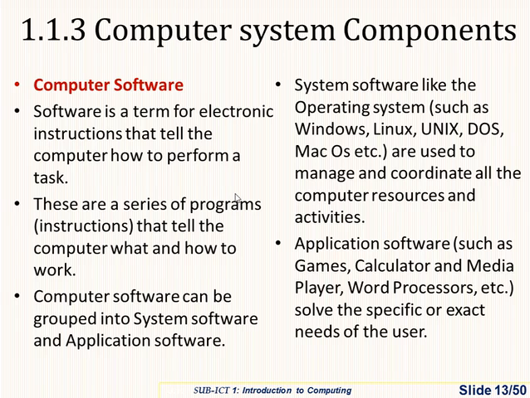So software should be able to tell the computer what to do and how to work. Computer software can be grouped into two, that is system software and application software. We shall look at that in detail.